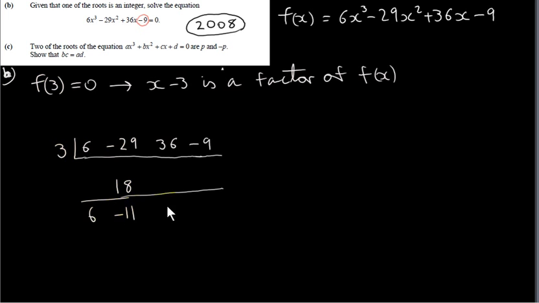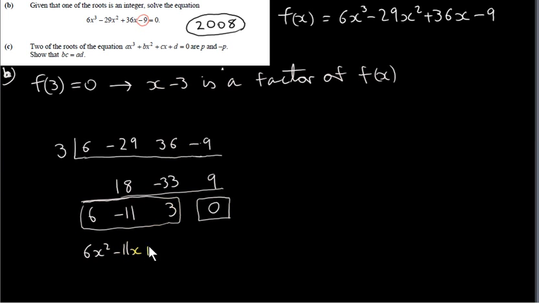Then you multiply 3 by minus 11 to get minus 33. 36 minus 33 is plus 3. 3 times 3 is 9. Minus 9 plus 9 is 0. So we expect to get 0 as a remainder. This is the remainder because x minus 3 is a factor of f of x. And the other factor is given by this here. It's going to be 6x squared minus 11x plus 3.